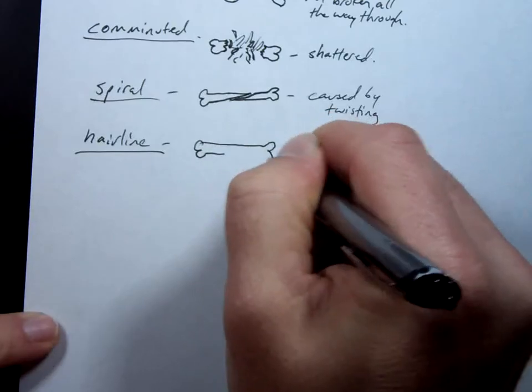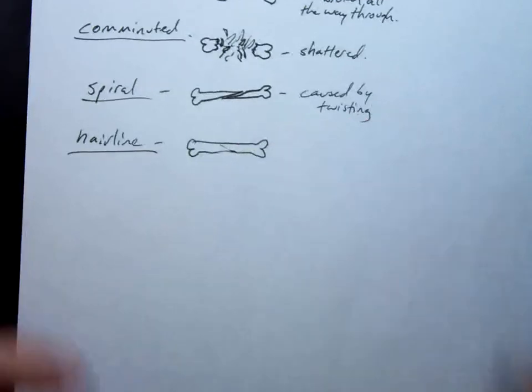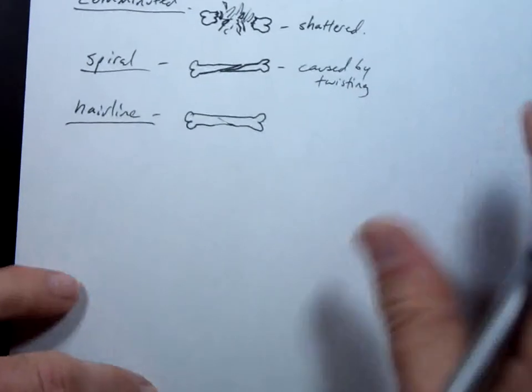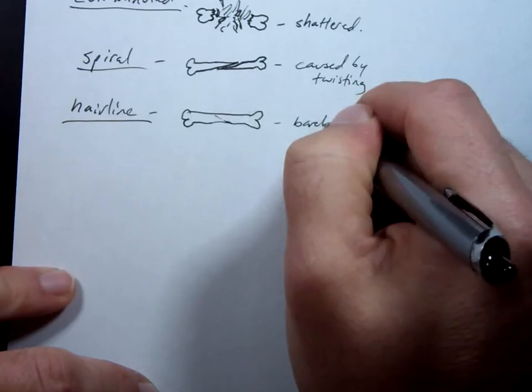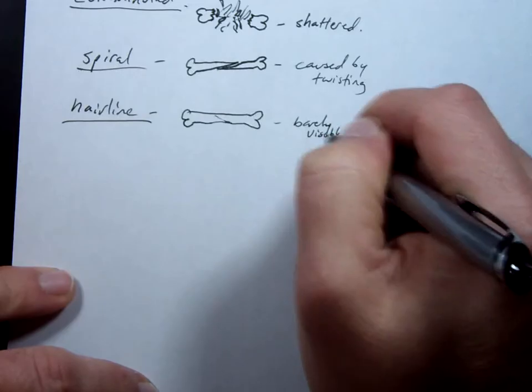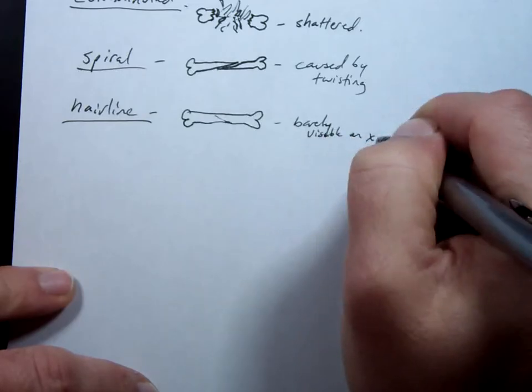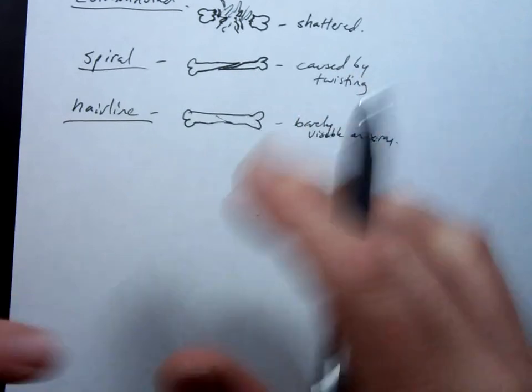There are also hairline fractures, just like what they sound like. You can barely see them, barely visible on X-ray. Sometimes they have to move the bones to certain positions.